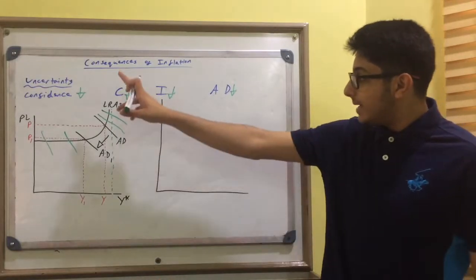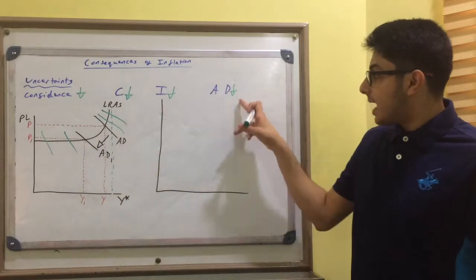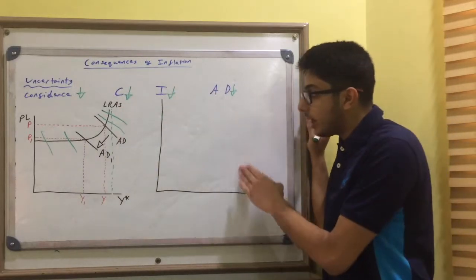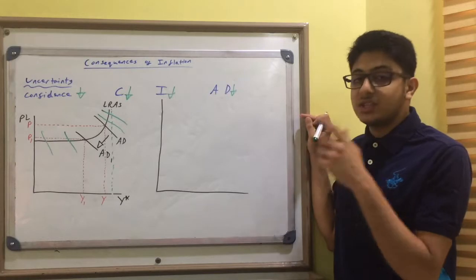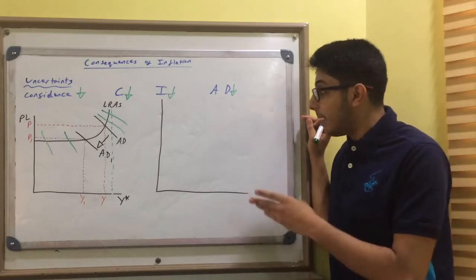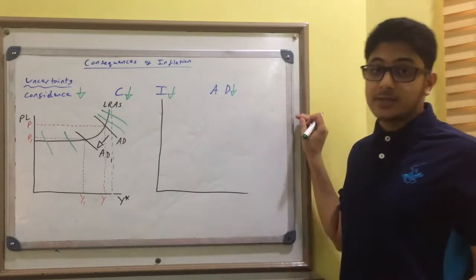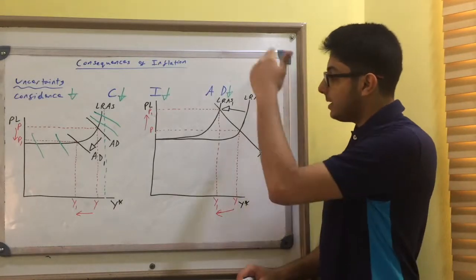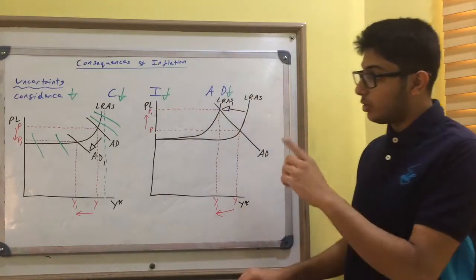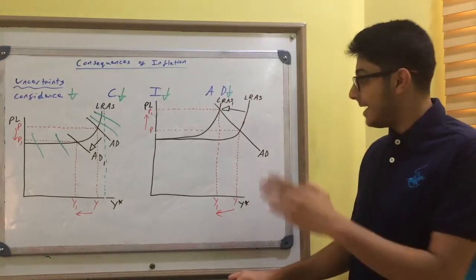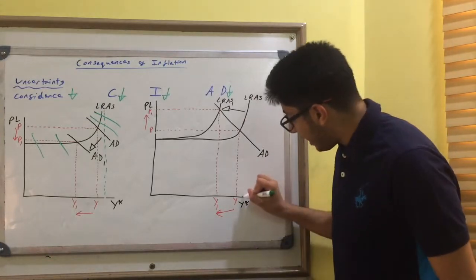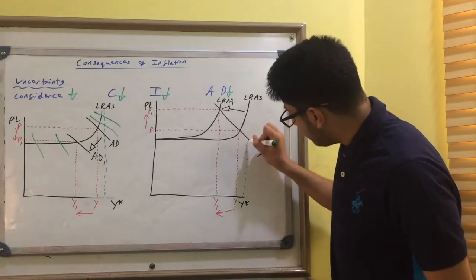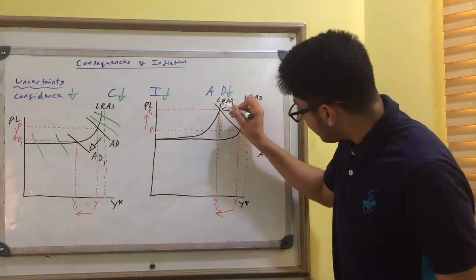Now, if uncertainty only affects aggregate demand, why have I drawn two diagrams? Because it doesn't just affect aggregate demand. It also affects aggregate supply. It makes it shift to the left, but it's a different shift from the one I showed you in cost push inflation. Here, the potential output decreases.